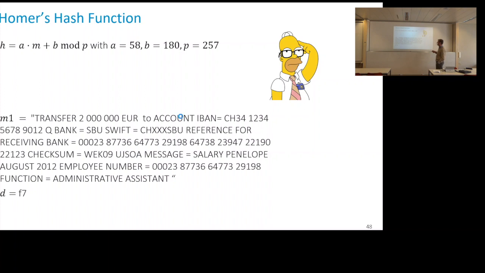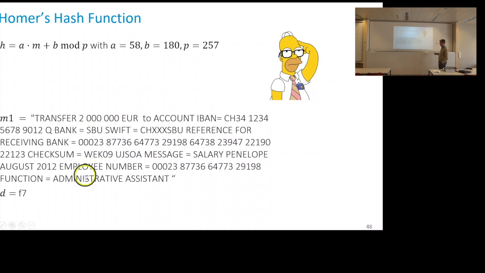I mentioned Homer's function. Here it is, the same as before, where I put the numbers A and B public, and we do the modulo 257. If you take any text and you apply this, you will obtain something that appears to be random. In fact, some random number generators used for simulation use similar things, with numbers A, B, and P that are larger, but using the same principle.